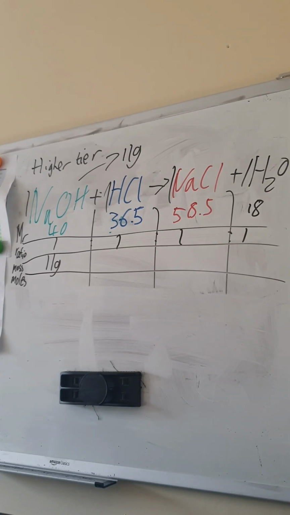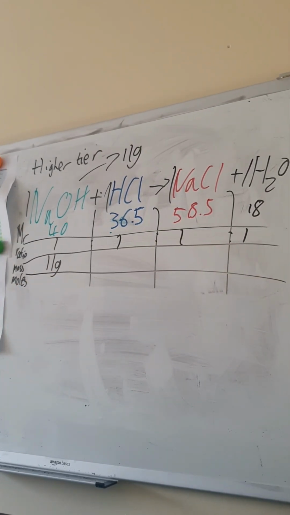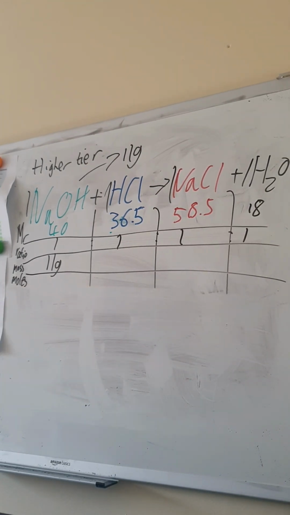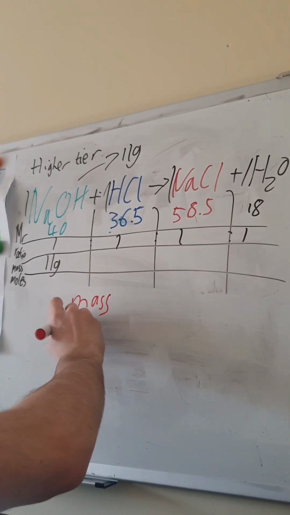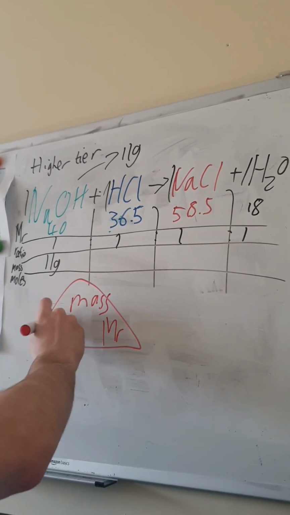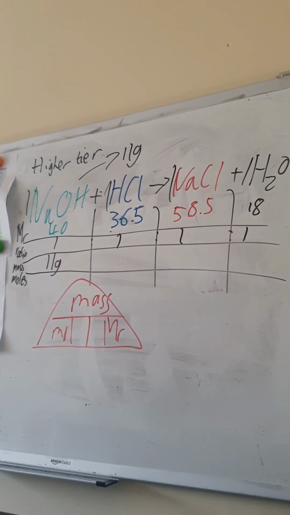And then we need to use our equation to find out moles from our MR and our mass. Because this is the only one we can figure out moles for. So mass goes at the top, moles, and then we have our MR. What do we want to find? We want to find our moles. So we cover up our moles.